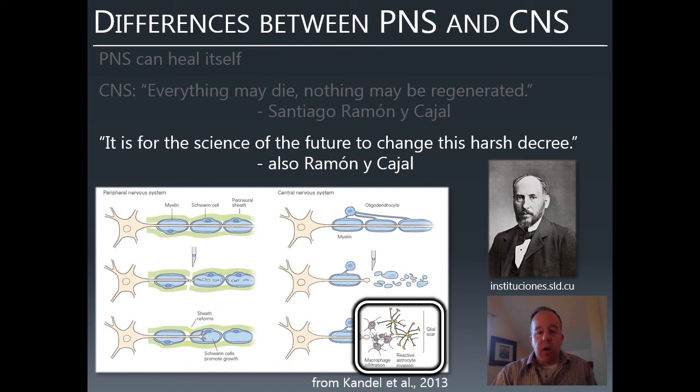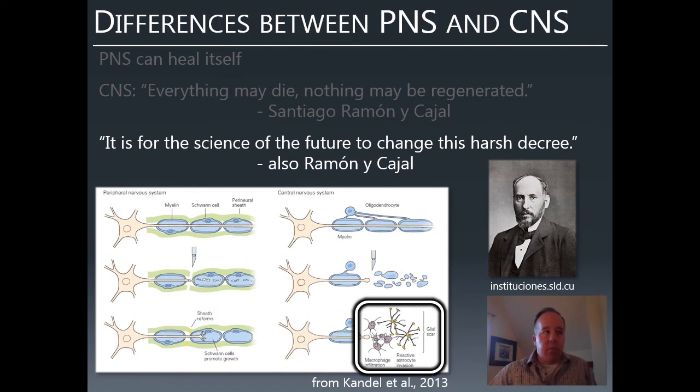And so Ramon Cajal also said that it is for the science of the future to change this harsh decree. Basically saying, hopefully there's something we can do about that so that the central nervous system can heal itself. Now, you don't want the central nervous system sending out axons willy-nilly all over the place. You don't want it making connections that it shouldn't be making.